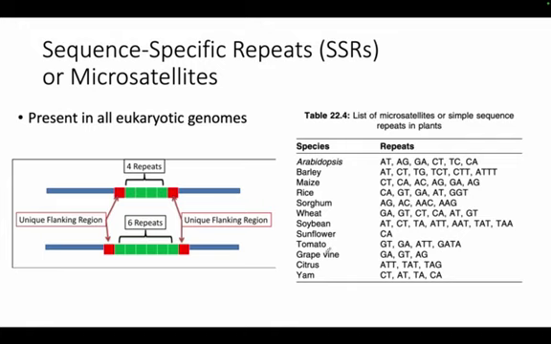So here in this comparison of plant species, we see that we can have repeats of these specific sequences. So in Arabidopsis, you have 80 repeats, right? So you have regions which just go 80, 80, 80, 80.